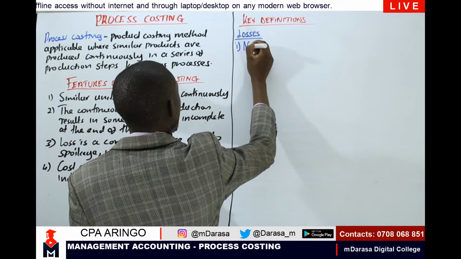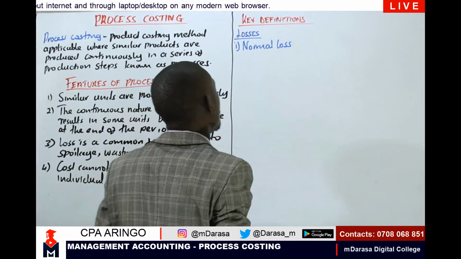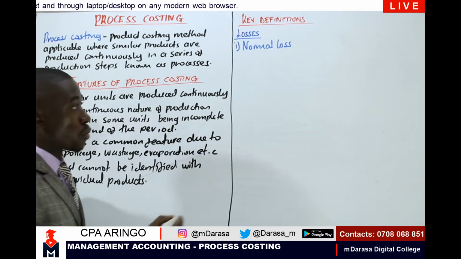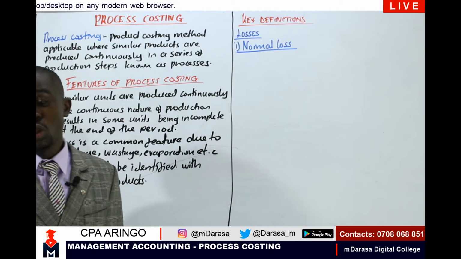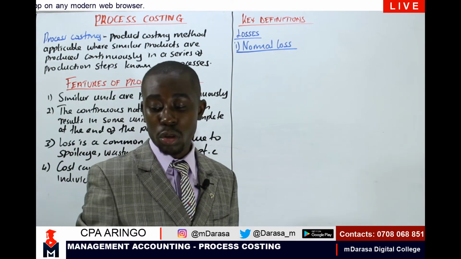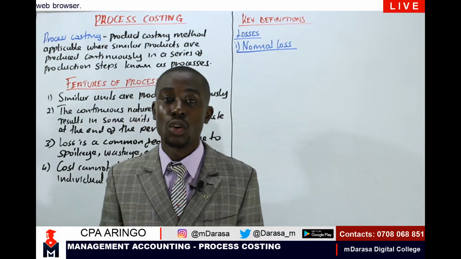Number one, normal loss. So under process costing, at any given point, whenever I'll be talking of normal loss, what should we always have at the back of our mind?